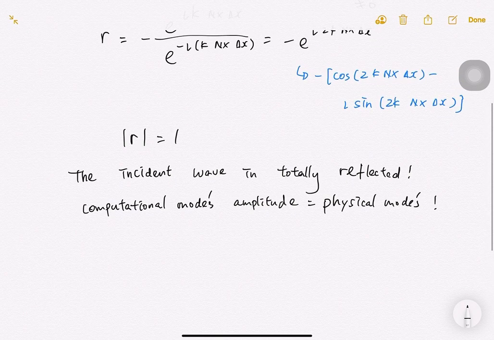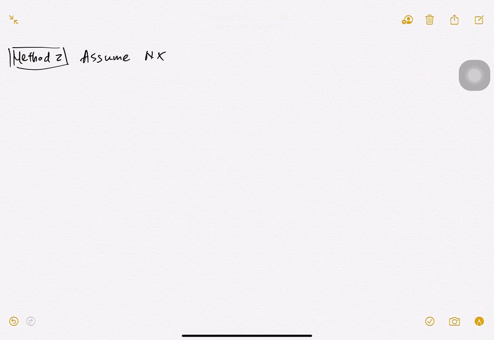Okay, so the next method is method 2. I'm not going to explain all the methods in here, just these two methods. Assume, again for convenience, that Nx is an even number, and u_Nx equals u_(Nx-1), which is method 2.